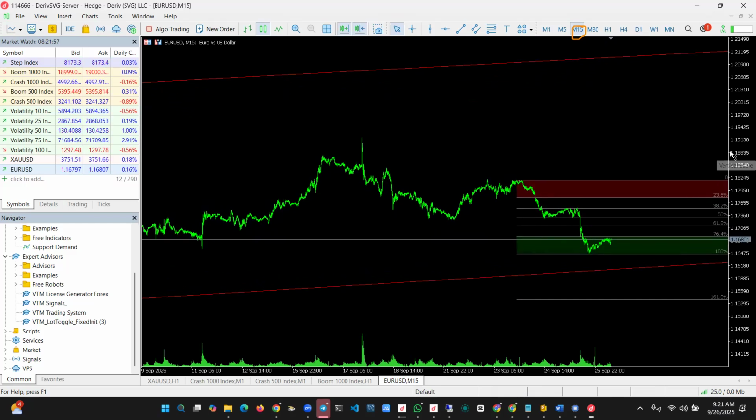So now, how do you use this to actually place a trade? All you need to do is this.